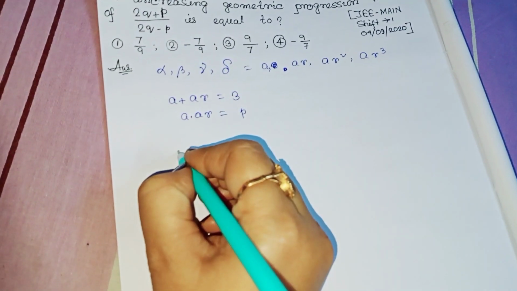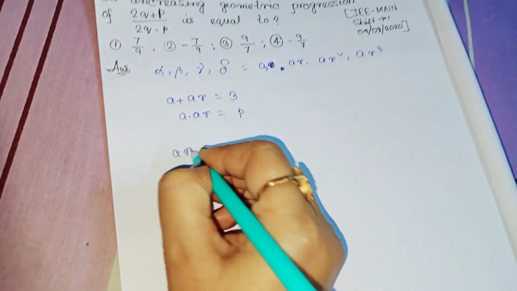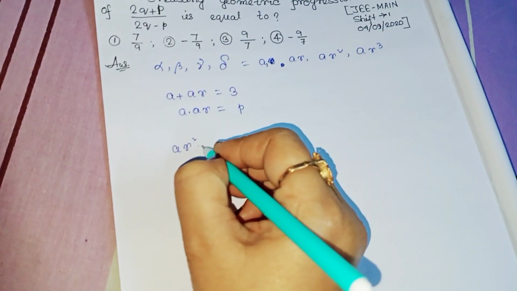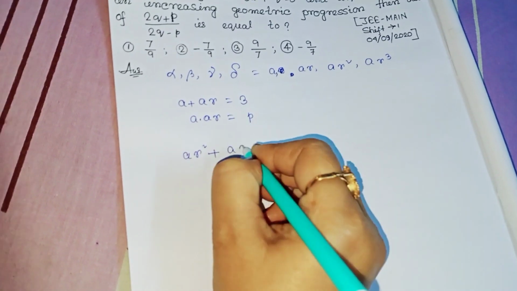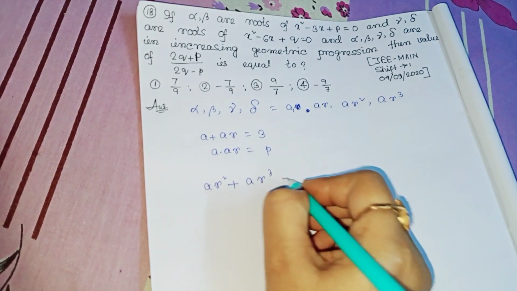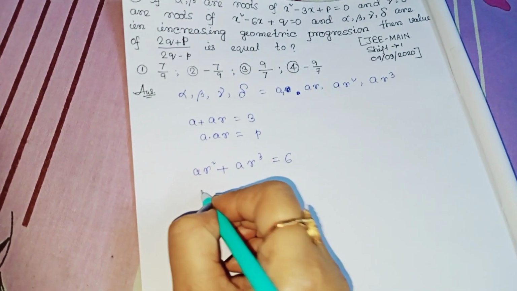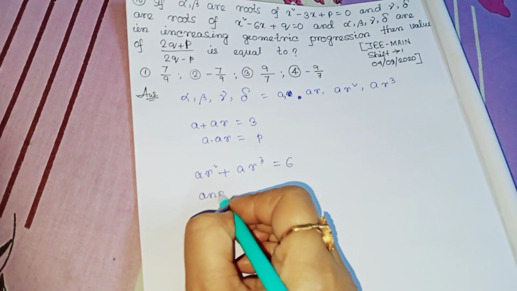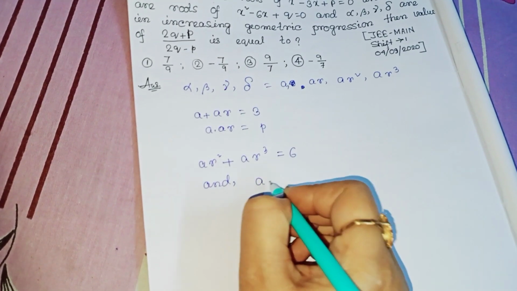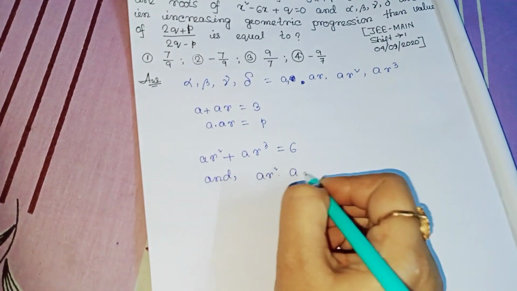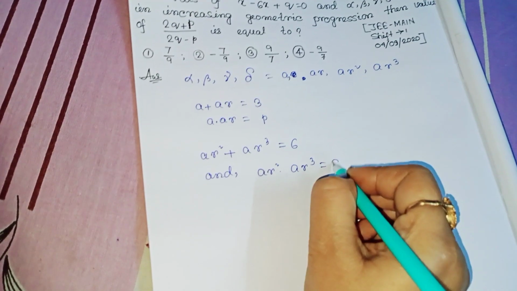So here we write ar square plus ar cube is equal to 6, and ar square into ar cube is equal to q.